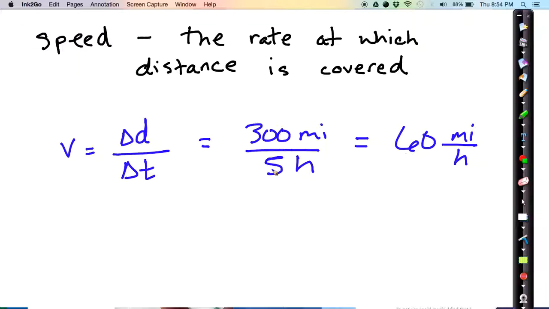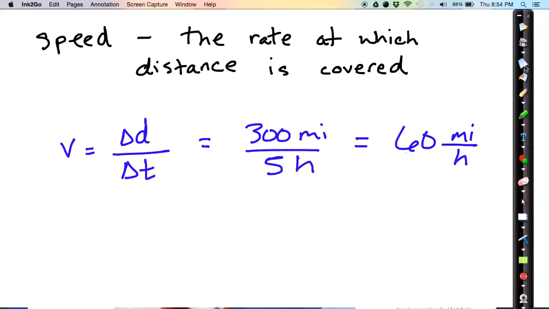Otherwise, we wouldn't have been able to attain that average. So we would have to have both higher and lower instantaneous speed values along this 300-mile trip in order to attain an average of 60 miles per hour. So the average speed gives us a general indication of our rate of distance covered, but it doesn't give us specific information about how fast we were going at any instant in time.